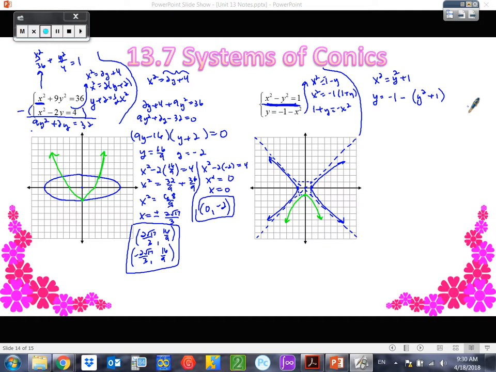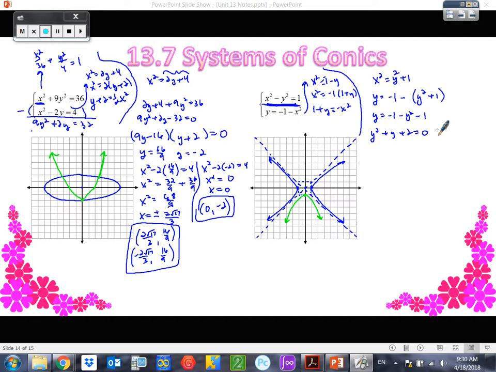So let's just clean that up, distribute. So I have negative 1 minus y squared minus 1. I'm going to move everything to the left in preparation for hopefully factoring. So I have y squared plus y plus 2. Now we've been factoring for a pretty long time, right? We look at that, we're like, that's not going to happen, which means we pull out old trusty quadratic formula, right?